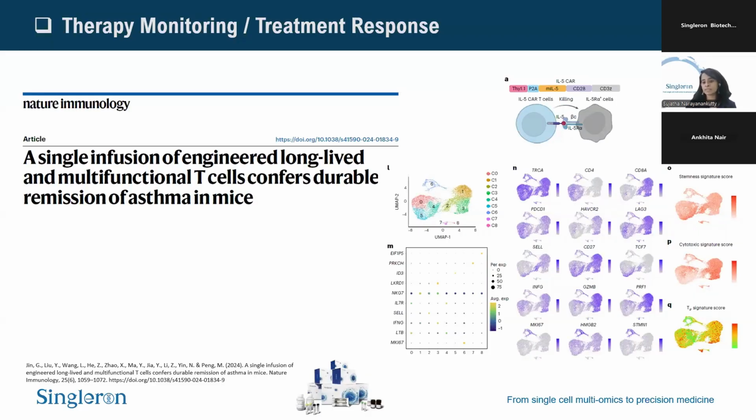So they do a study where they've infused it and then use single cell technology to make sure that these cells are actually surviving long term, so that they are persistent and there's functionality of the T cell. So this is an application where single cell is used for the whole CAR-T process.